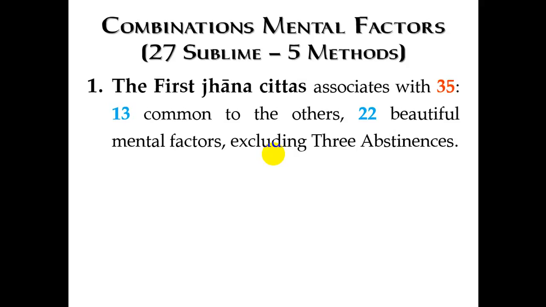This is a very wholesome chitta, so it is not associated with unwholesome Cetasikas. We don't need to think about the 40 unwholesome Cetasikas, forget about them. Then we look at the 25 beautiful mental factors. Among the 25, we exclude 3 abstinences, so we have only 22 beautiful mental factors. Altogether, 35.